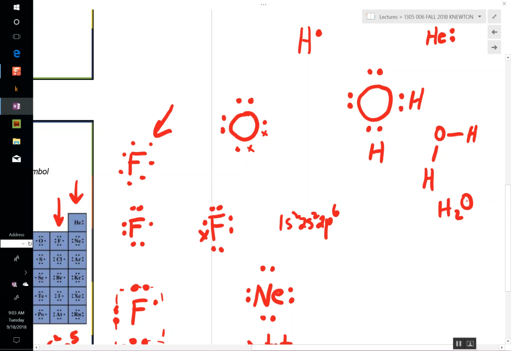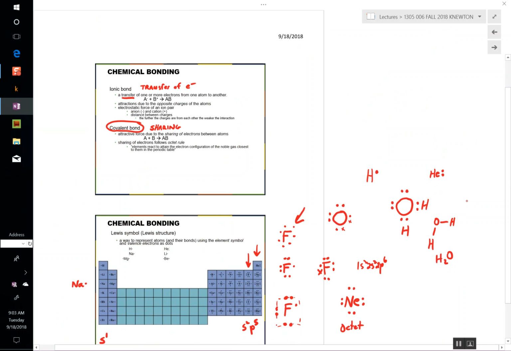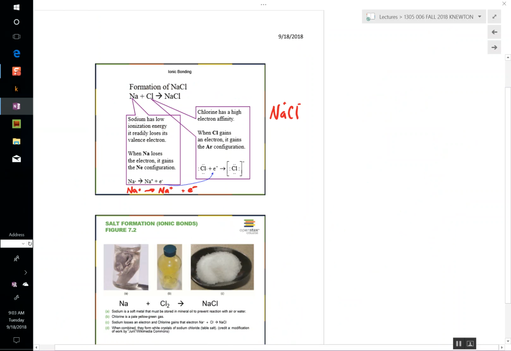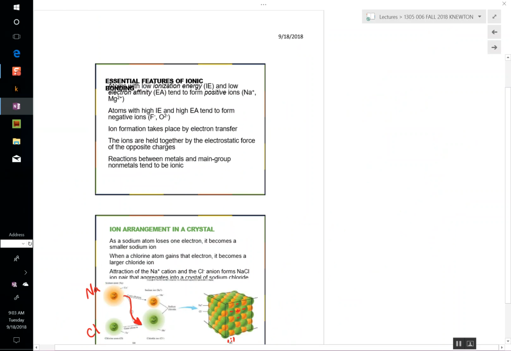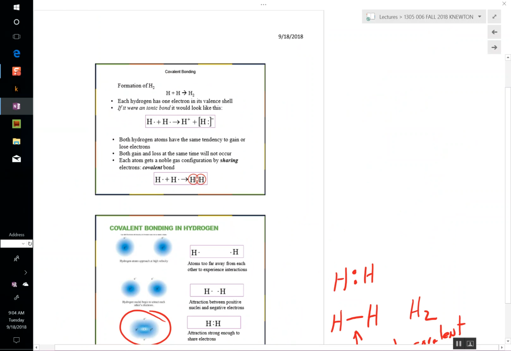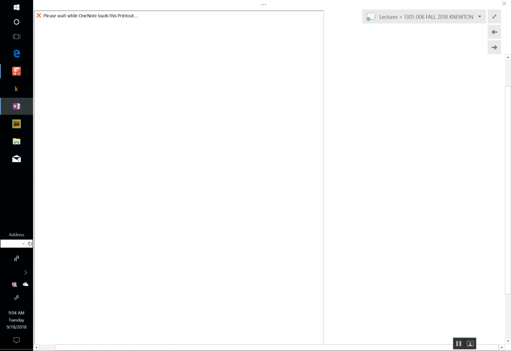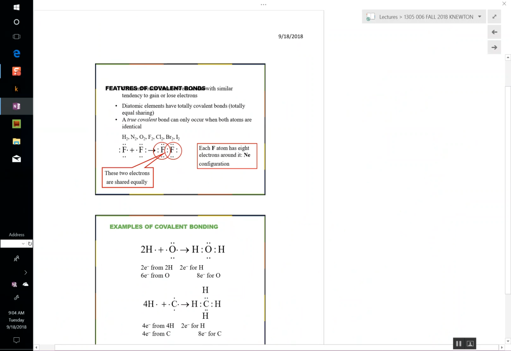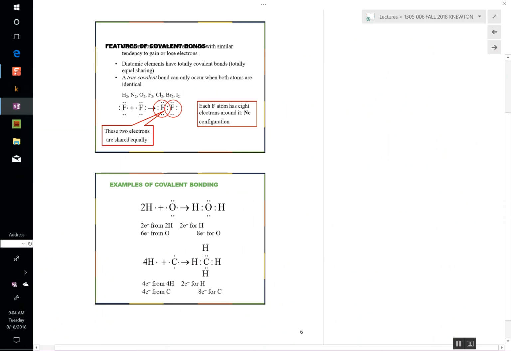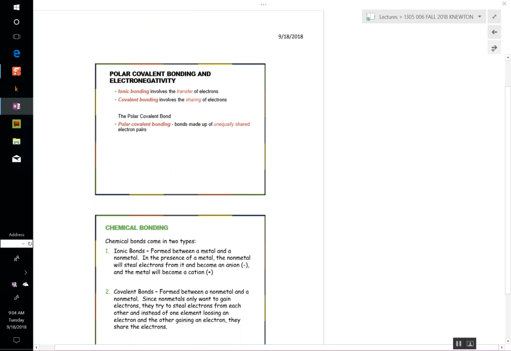All right, where are we going? So I need to get you started. Let me see where we are and get some things in your hands. So let's get back to ionic. I'm going to drift away. I'll try to come back to these. Remind me to come back to these slides. This is talking about covalent.